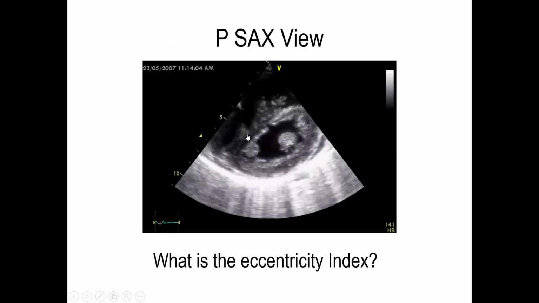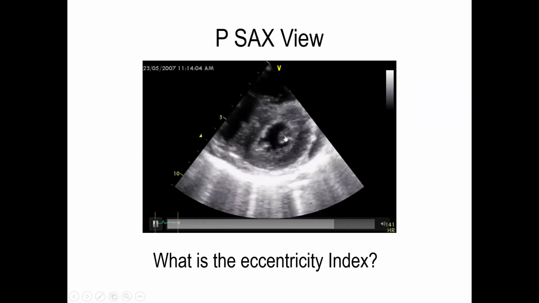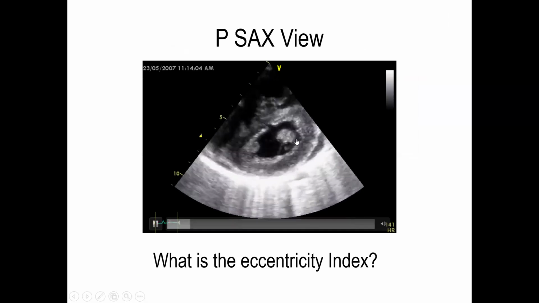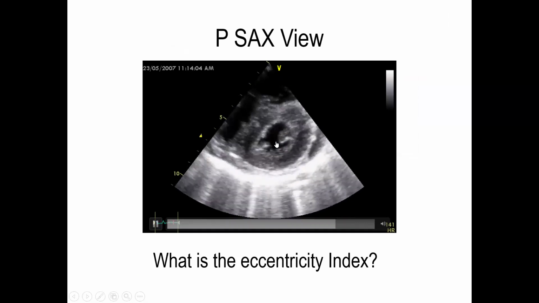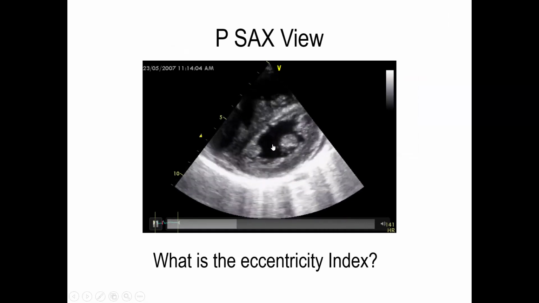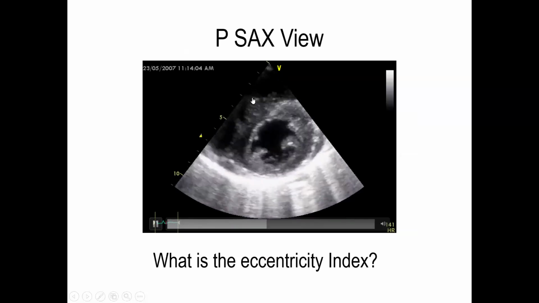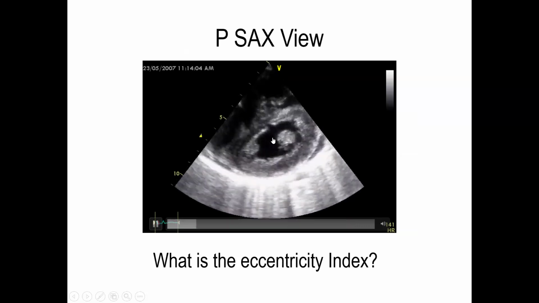Very interesting slide. If you look very carefully, this is a parasternal short axis view at the papillary muscle level. With every systolic contraction, this interventricular septum is bulging towards the left ventricle. It bulges towards the left ventricle because RV pressure is more than LV pressure during systole.